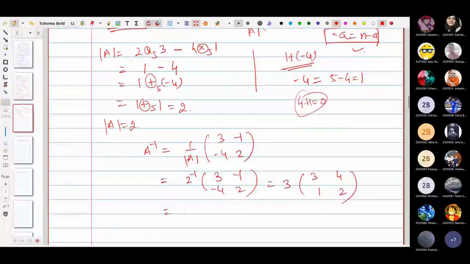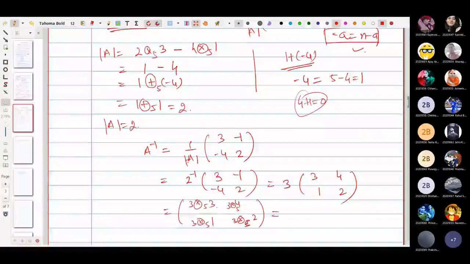And then we can multiply now in every element. This is a matrix, you should remember. So we can write 3 times 3, 3 times 4, 3 times 1, and 3 times 2.